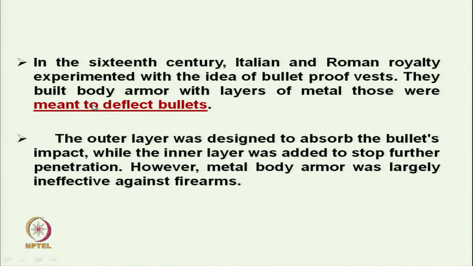They built body armor with layers of metals, meant for deflecting the bullets. The outer layer was designed to absorb the bullet's impact, while the inner layer was added to stop further penetration. However, metal body armor was largely ineffective against firearms.